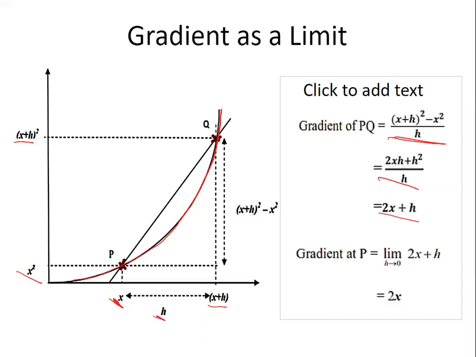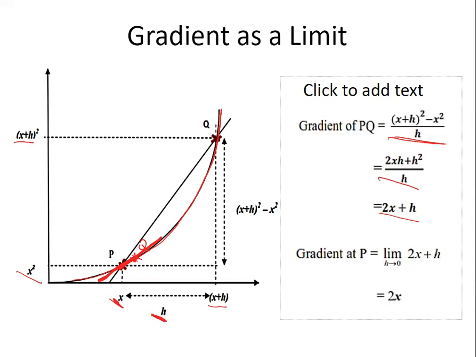Eventually, let's say Q comes right up here, and we reduce Q up to here, the secant PQ is going to almost approach a tangent at P. And when that happens, h is going to become very, very small.